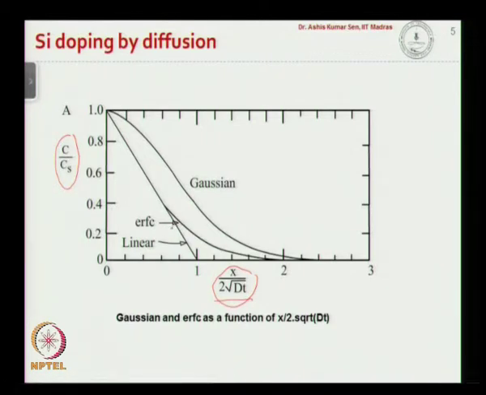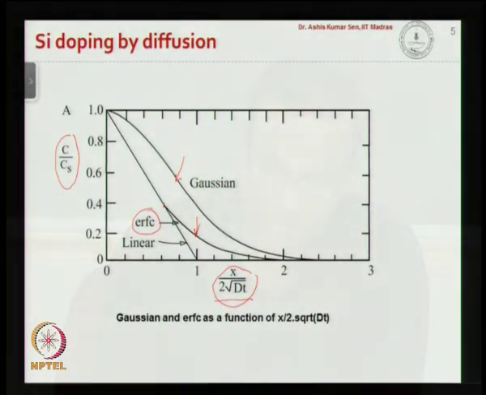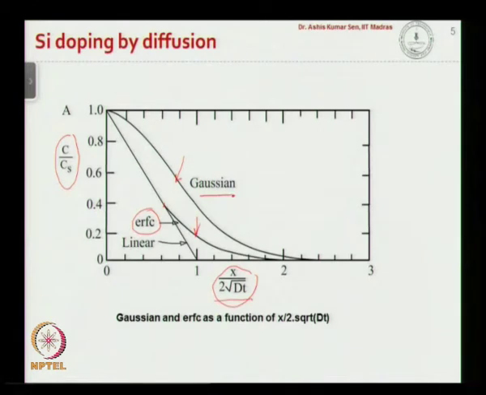For the first case the solution is the complementary error function, so that is the nature of the curve as you see here, and for small distance from the surface, when x is of the order of, let us say, square root of Dt, then we can see that the curve is linear, that means the concentration varies linearly with the depth. And this is the curve when the dopant concentration is not fixed at the surface, but there is a definite amount of dopant present, okay. So the curve is Gaussian in nature.